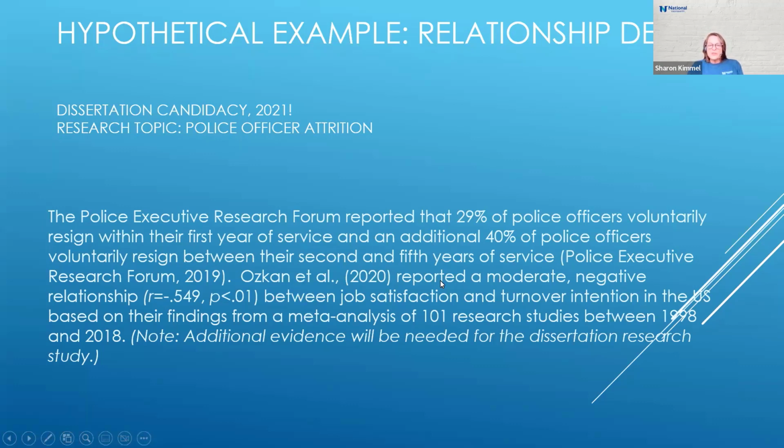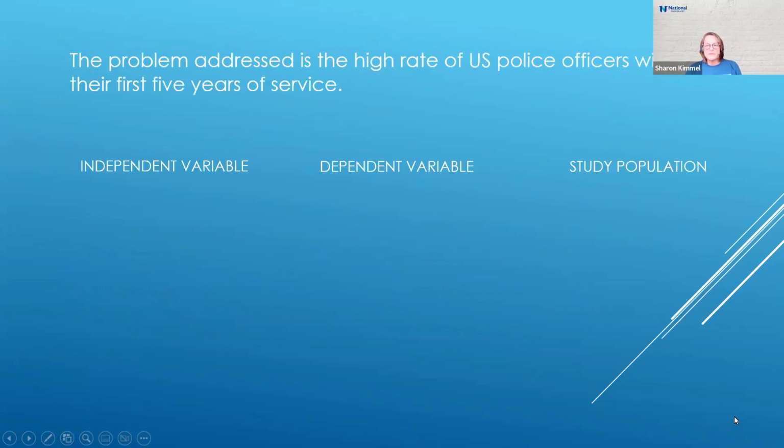You have a researcher who has reported a moderate negative relationship between job satisfaction and turnover intention, or intent to quit, in the US, based on their findings from a meta-analysis of 101 research studies. I am going to tell you that if you can find a meta-analysis on your research topic, that is a wonderful, wonderful gift to find. So we've got this evidence, and of course, you know that you'll need more for yours.